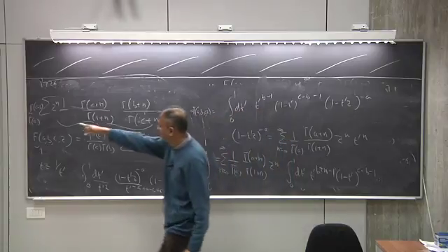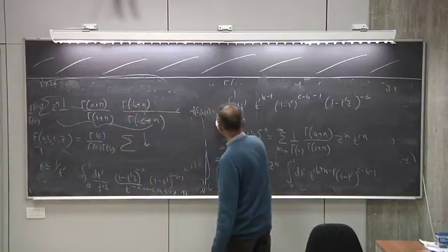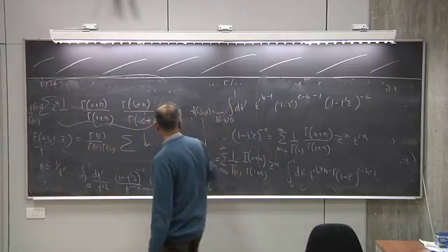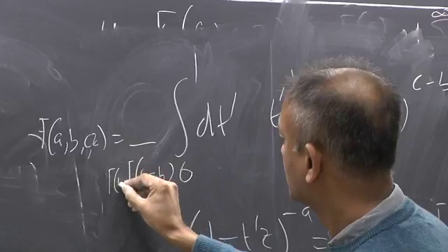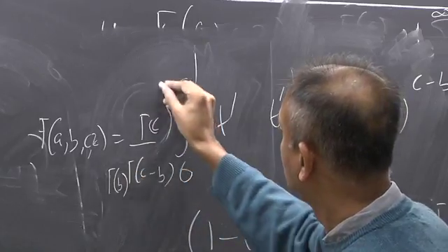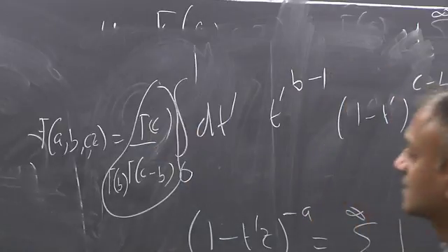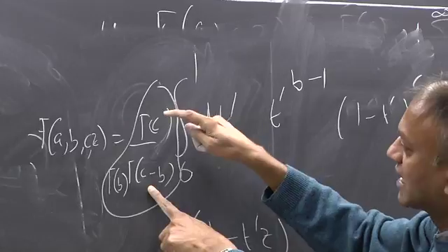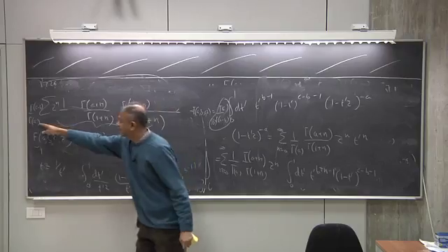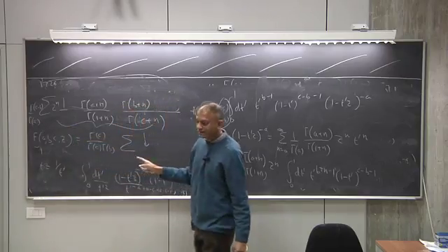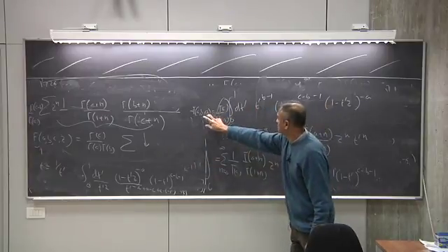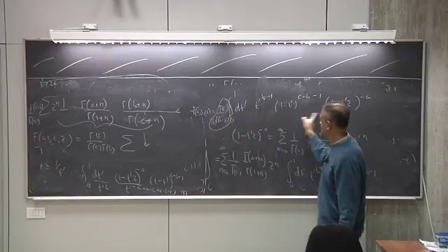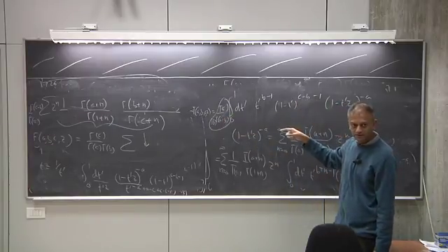I have to divide by gamma C minus B, gamma B, gamma C. If you consider this, you see that gamma C minus B cancels, and you're just left with gamma C divided by gamma B divided by gamma A, which is exactly that. So we can express FABCZ as some constant which depends on ABC times this integral, 0 to 1.